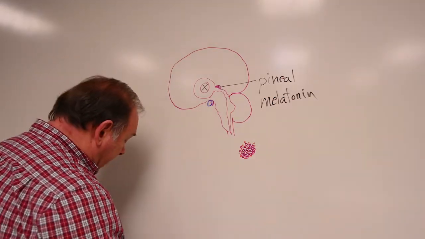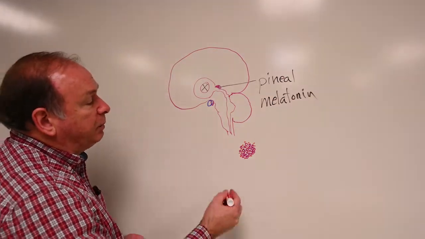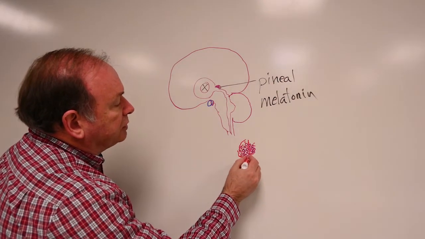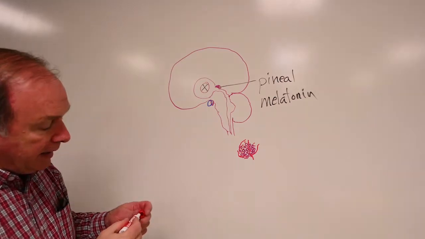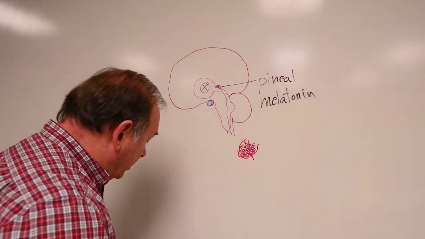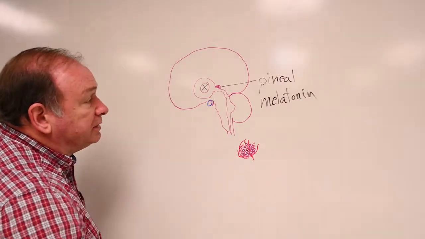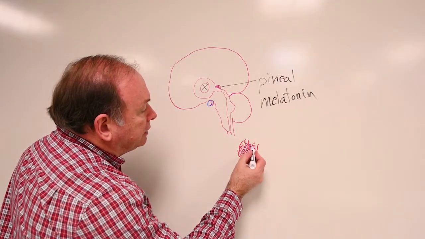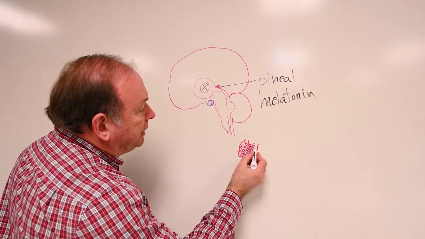And of course there will be capillaries going through there, so there's a blood supply, so you'll have blood vessels penetrating through these tissues as well. In addition to the two cell types and the blood vessels in the pineal gland, there is the presence of another material, small solid particles in there.